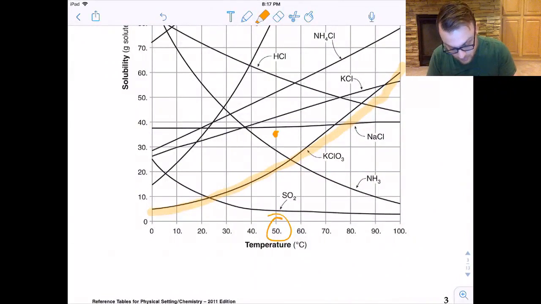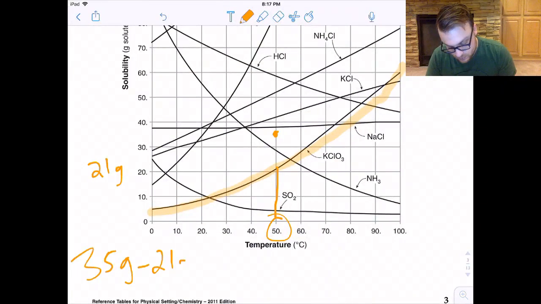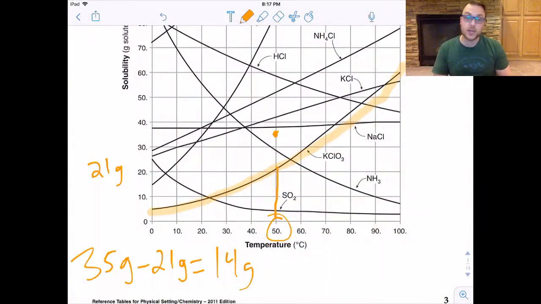So normally, KClO3 is saturated at about 21 grams. So you can dissolve 21 grams. If you add 35 grams of it, 14 grams of KClO3 won't dissolve because that's over the point of saturation.